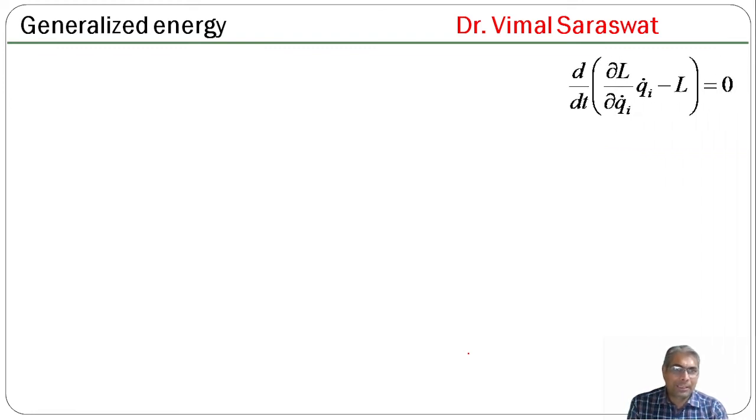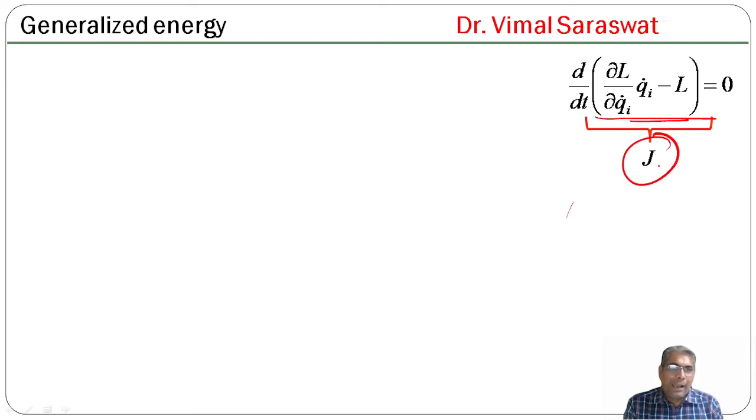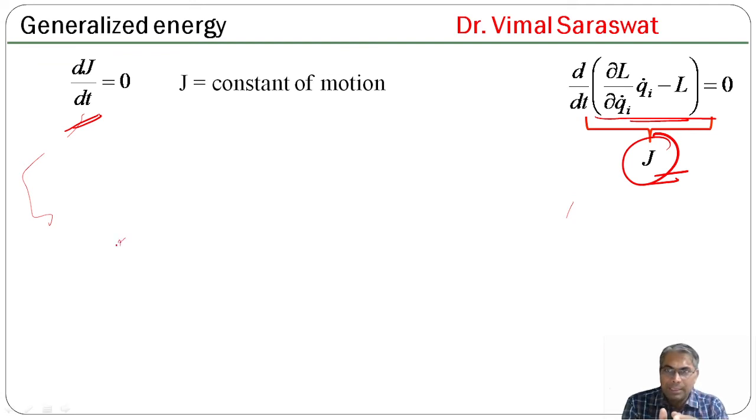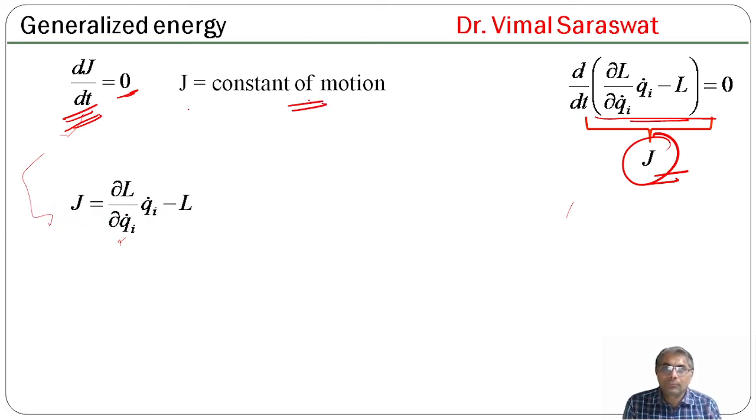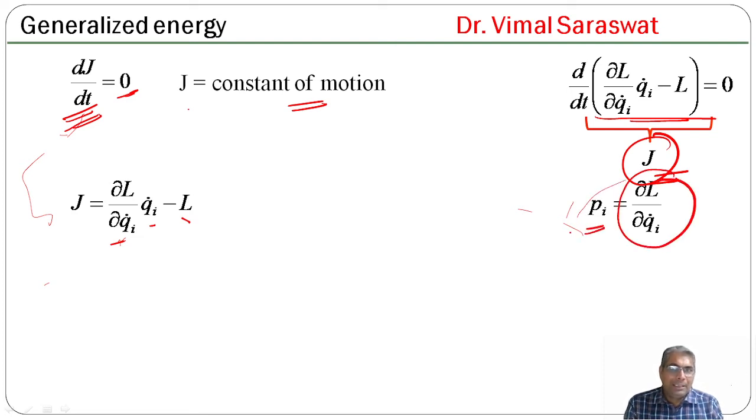Now we get this term here, and this is known as the Jacobian and represented by J. It means dJ/dt equals 0. Since the differential of any quantity is 0, the quantity will be constant. Since here dJ/dt is 0, J is a constant of motion, and J is actually ∂L/∂q̇i q̇i minus L, and ∂L/∂q̇i is pi, that is canonical momentum or generalized momentum.